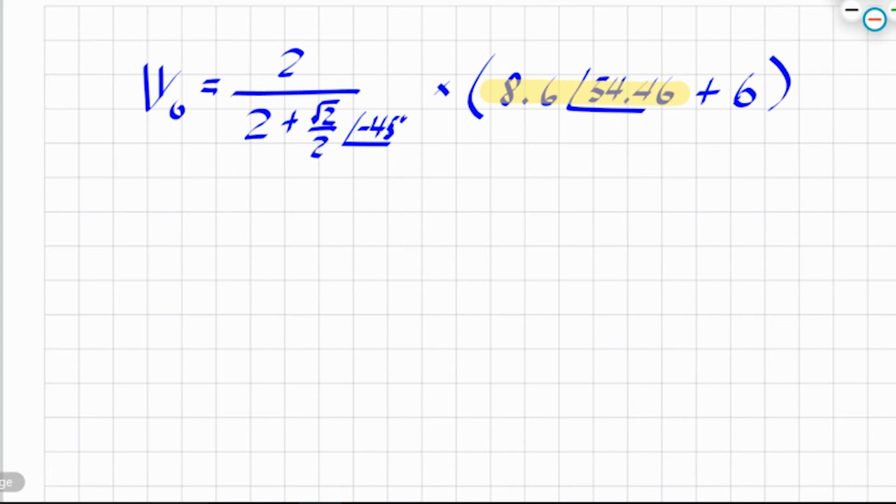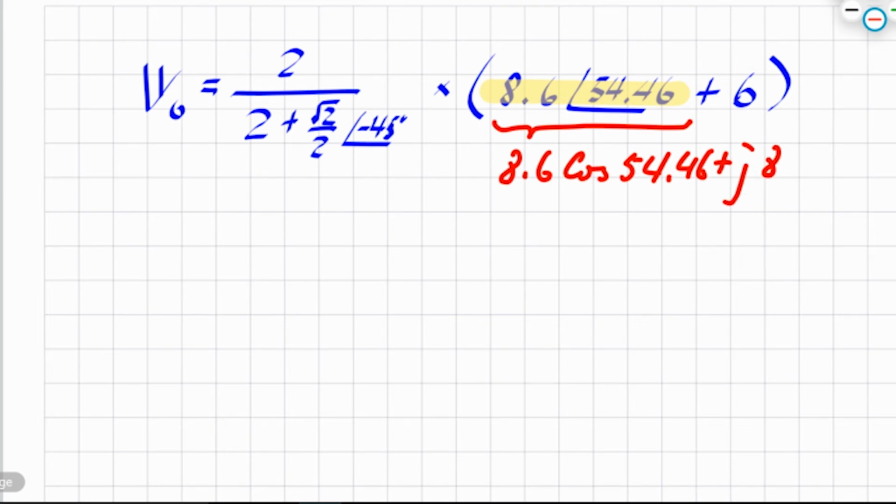So we have to convert that into rectangular coordinates. The real part is 8.6 times cosine 54.46, and the imaginary part is j 8.6 times sine 54.46.